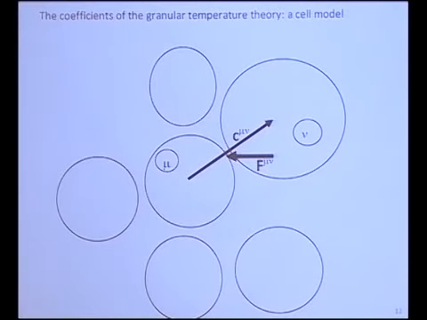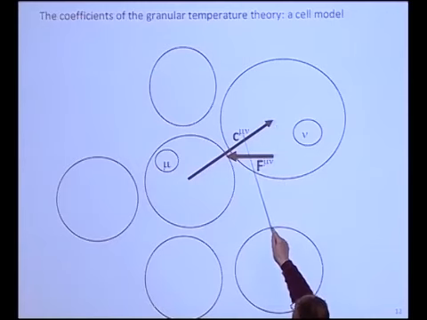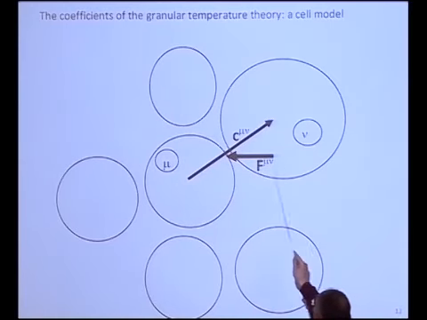Now, I want to talk a little bit about the underlying assumptions of the model. And I have drawn here particles, and I'm going to distinguish the particles by Greek superscripts.